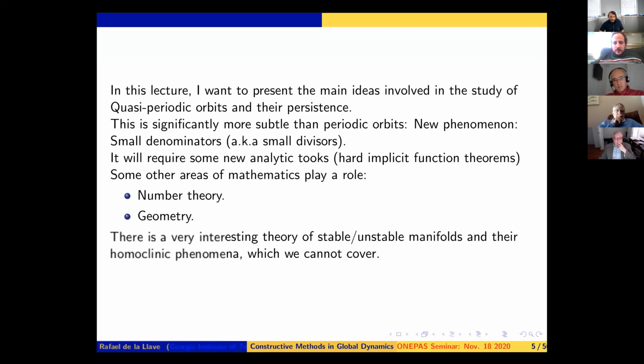But now I want to describe several new phenomena, which are the quasi-periodic invariant solutions or invariant tori. This is increasing the game because we need to get some analytic tools, and surprisingly, things like number theory play a role.